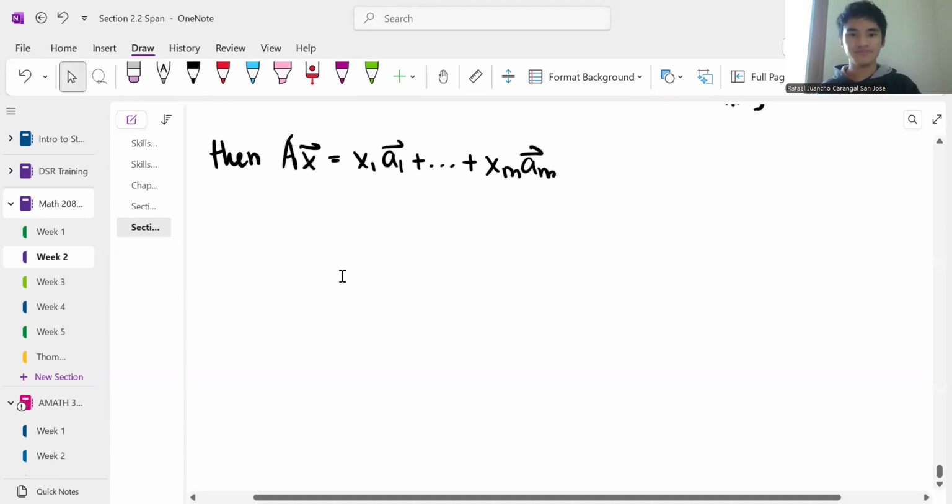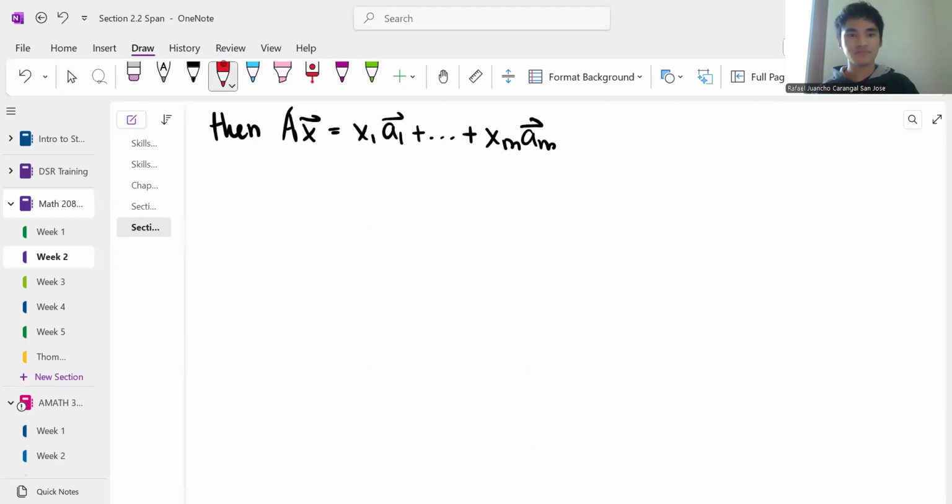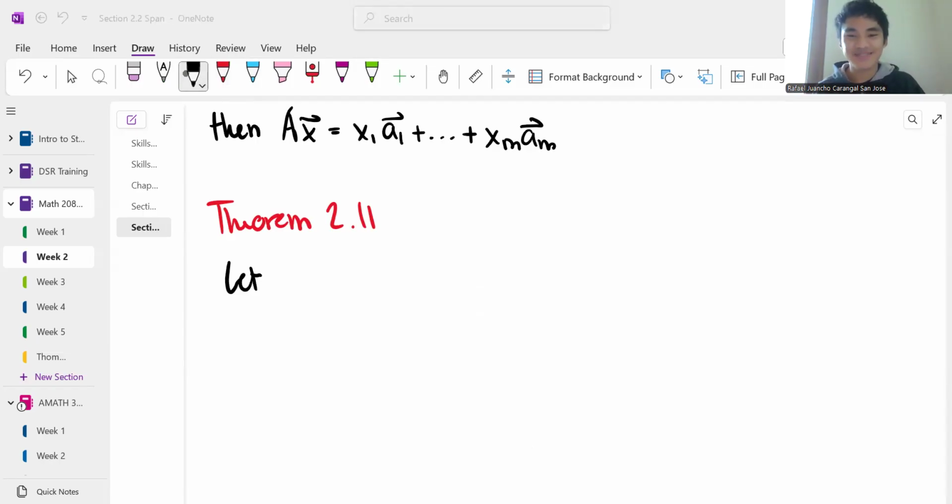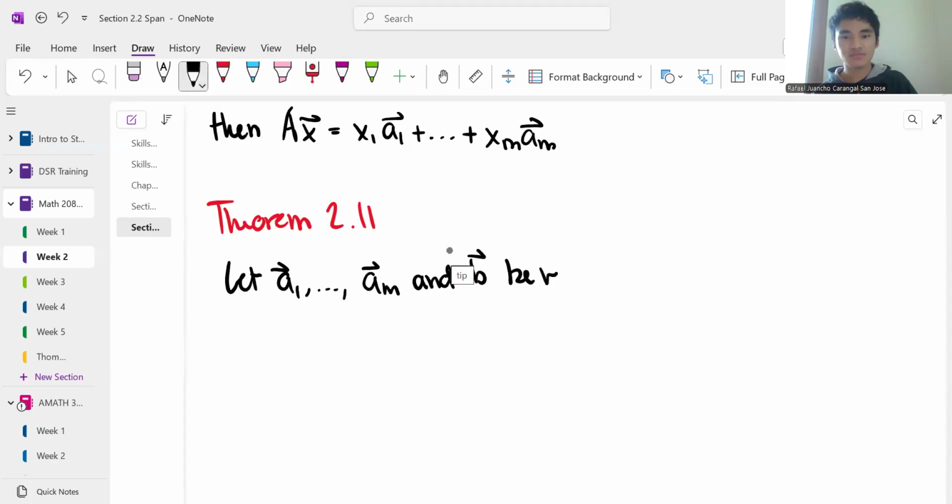Let's move on to a new theorem. This is 2.11. No proofs, please. I don't like proofs. So here we let a sub 1 to a sub m and b be vectors in Rn.